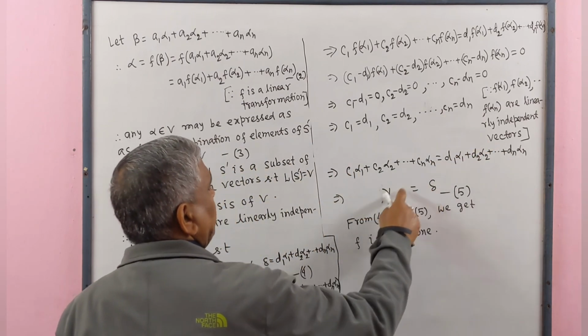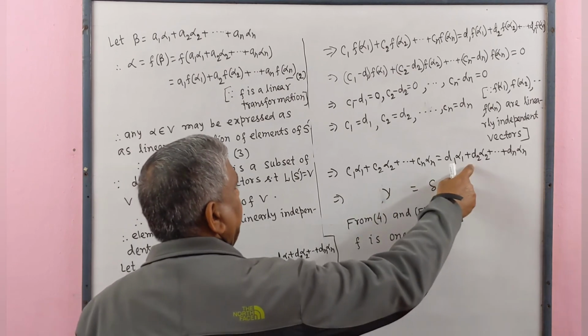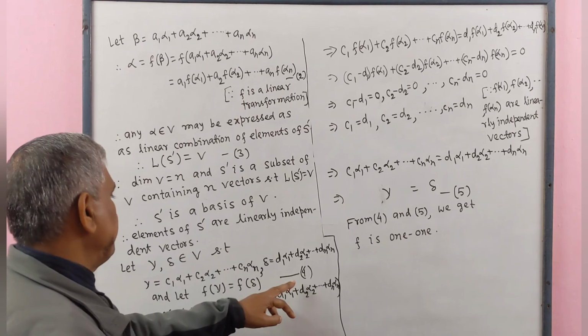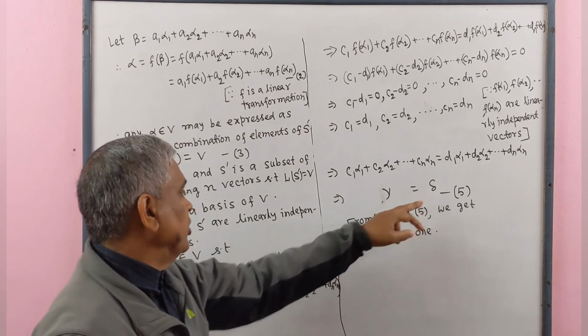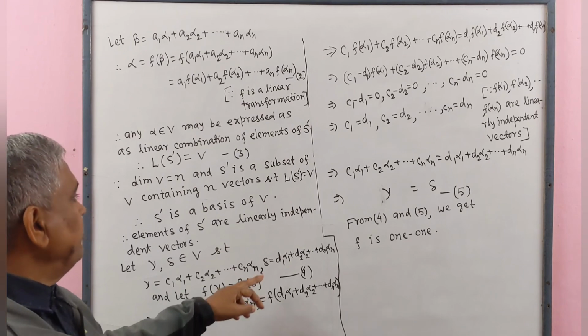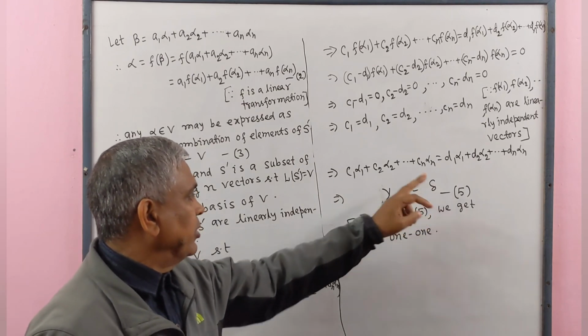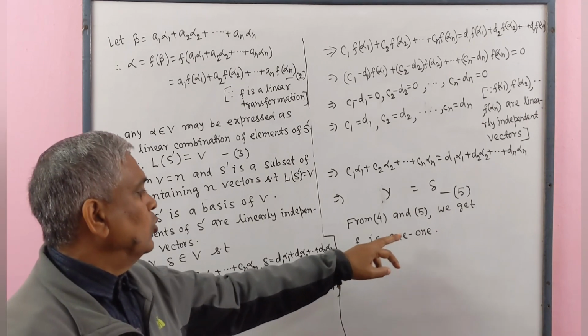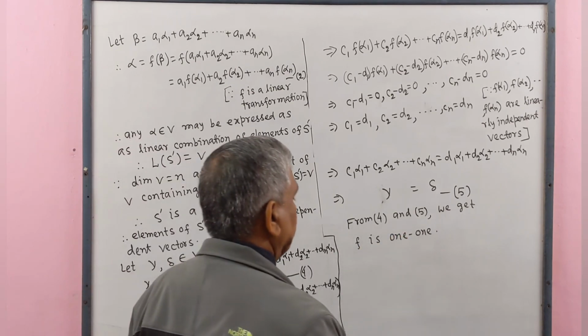This left side equal to gamma and right side is delta. From 4 and 5 we get f gamma equal to f delta implies that gamma equal to delta. That means f is 1-1, proved.